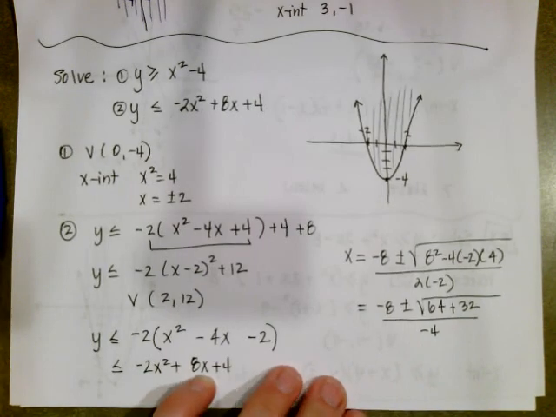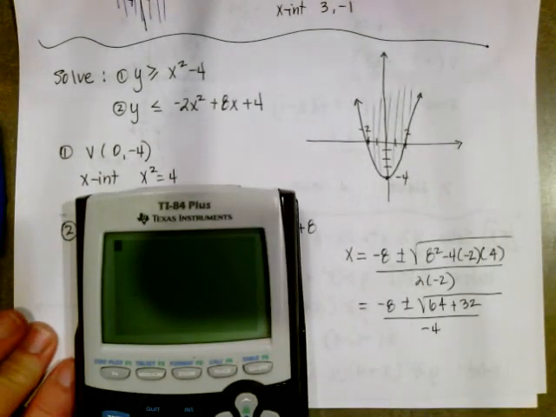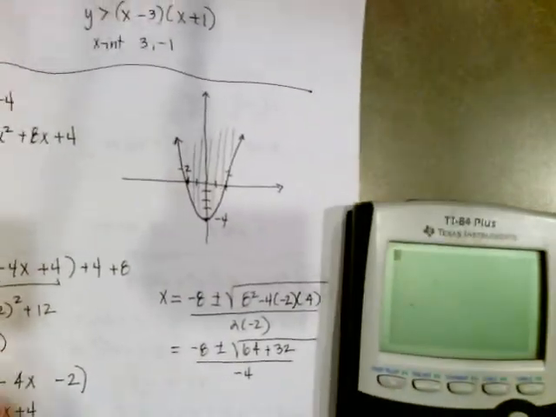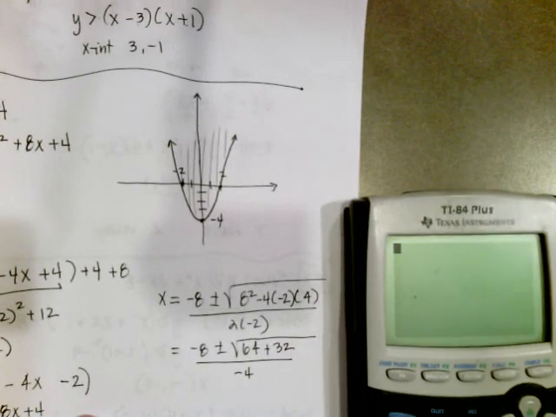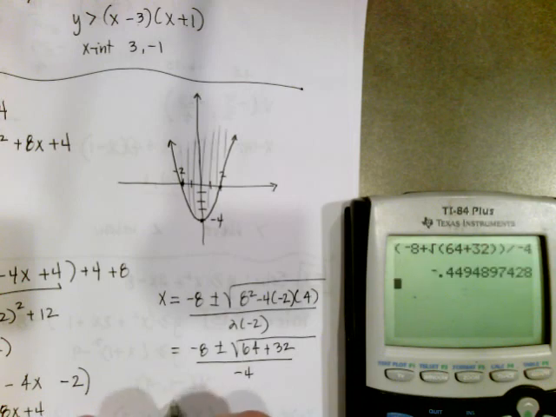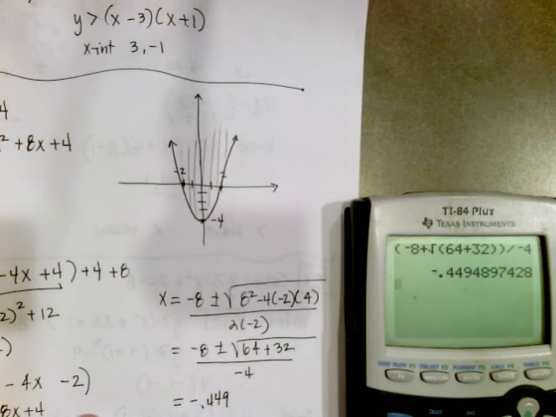And now I'm going to get out my handy dandy calculator, and I'm going to do that math. Let me scoot this over a little bit. So I'm going to do negative 8 in parentheses, plus the square root of 64 plus 32, close for the numerator, divided by negative 4 and hit enter, and I get negative 0.449.